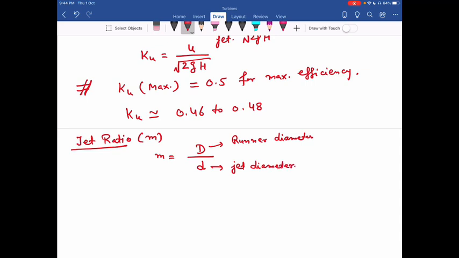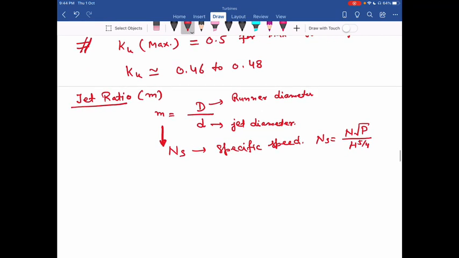Now further, this ratio is a function of specific speed. The formula for specific speed is N under root of P divided by H raised to power 5 by 4. So now I am going to prove that this specific speed is a function of jet ratio.